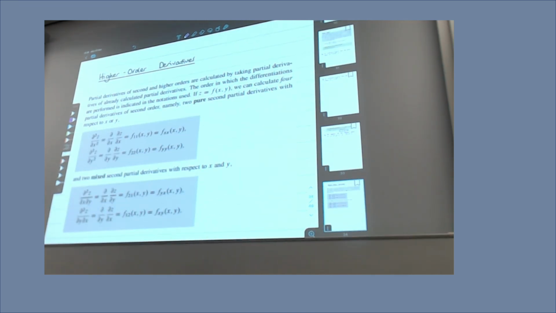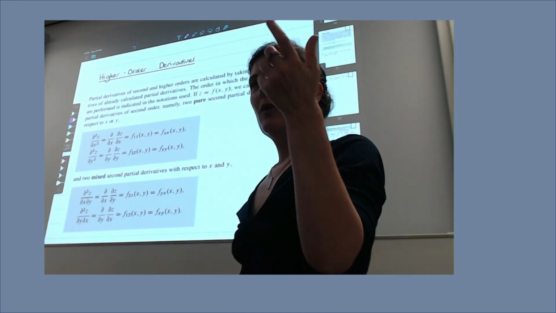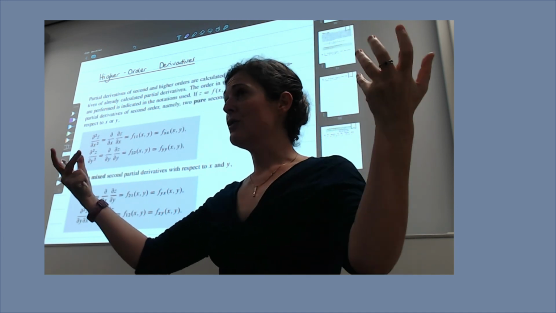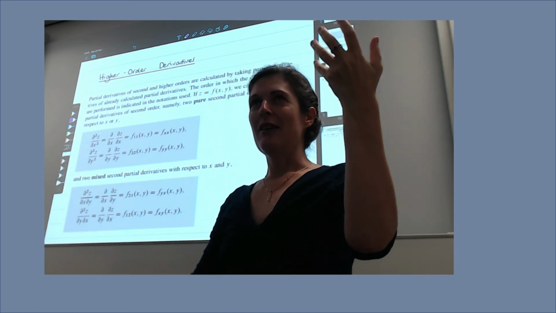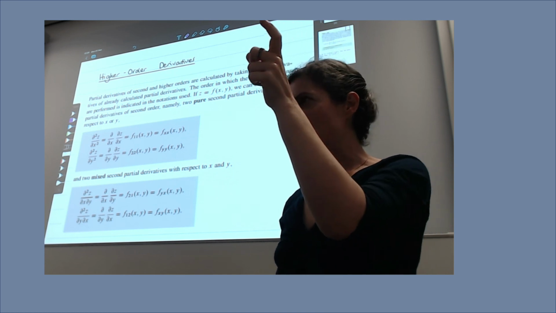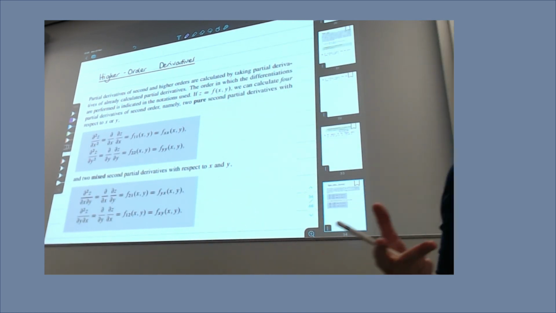Where do we go from here? We talk about higher order derivatives, of course we do. And of course you can imagine now we have the partial derivative with respect to x and the partial derivative with respect to y, and each of those in their own right is a function of x and a function of y. So you can also take the partial derivative with respect to y of the partial derivative with respect to x, and mixed partials and things like that. And you can imagine going up to 3 dimensions, it's just silly.